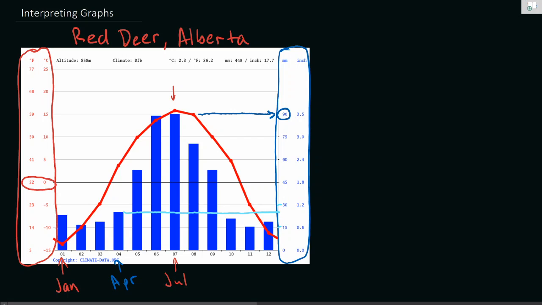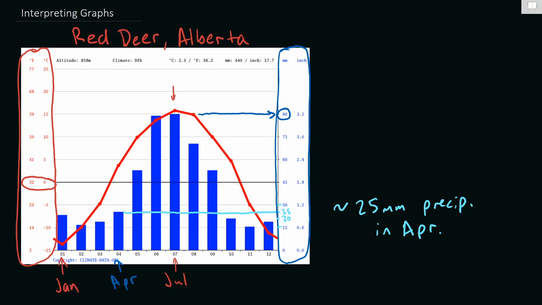If we split this box into thirds, you get 20, 25, and 30. So there's about 25 millimeters of precipitation in April. And knowing Red Deer, that's probably not all rain, which doesn't bode well for their flowers. I say this in Calgary where it's slushing outside right now in May, so maybe I shouldn't be saying anything about Red Deer's weather. But anyway, there you have it.